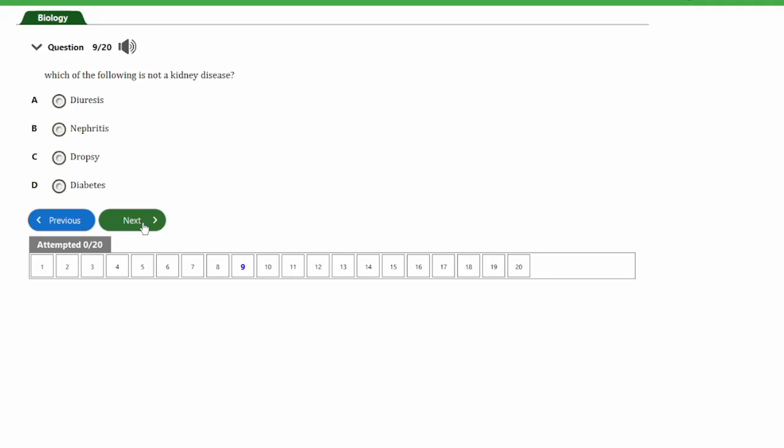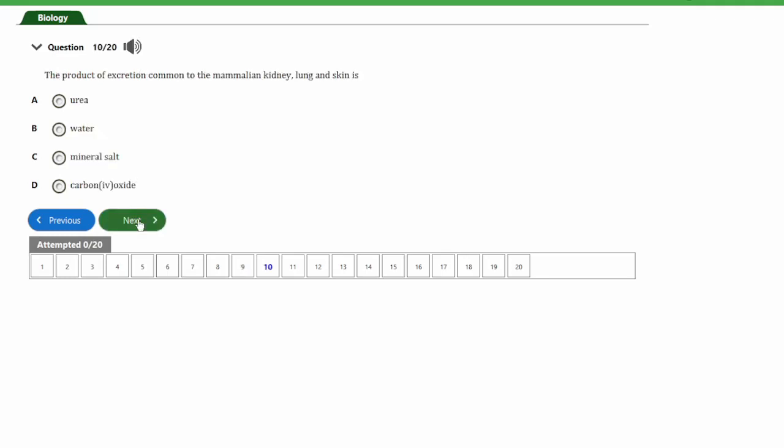Actually, diabetes here can be diabetes mellitus or diabetes insipidus. Diabetes insipidus has to do with the kidney, and therefore is a disease of the kidney. So out of all the options here, the one that does not have to do with the kidney is dropsy. Dropsy is a disease of the liver and not the kidney.